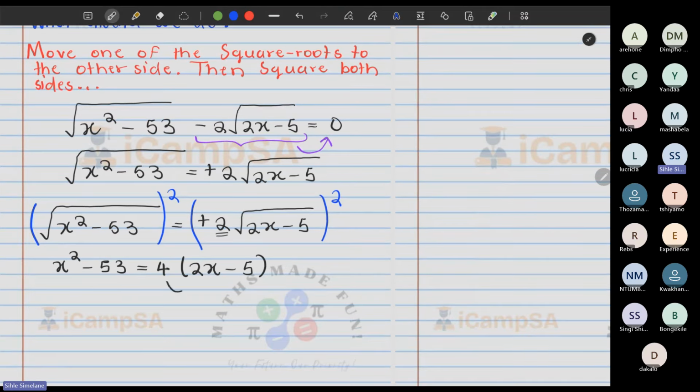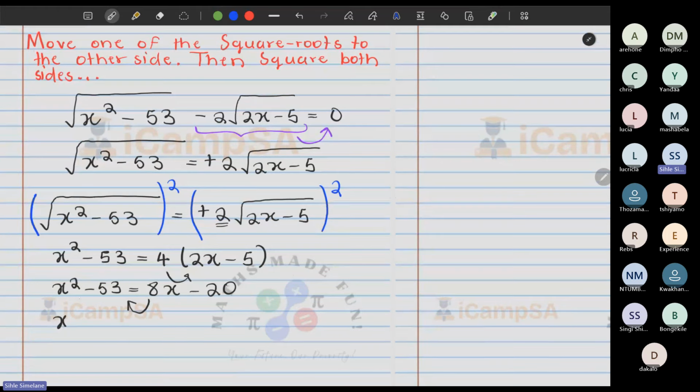So we can multiply the 4 so that we have 4 times 2x, which is 8x, minus 4 by 5, that becomes 20. These ones must go to the right-hand side. So we'll have x squared minus 8x, and then minus 53 will be plus 20, so that will be minus 33 equals 0.